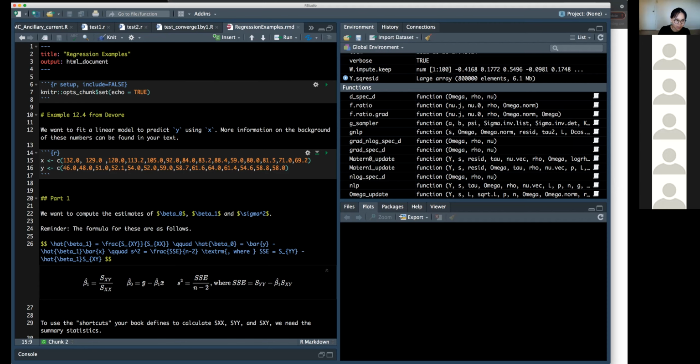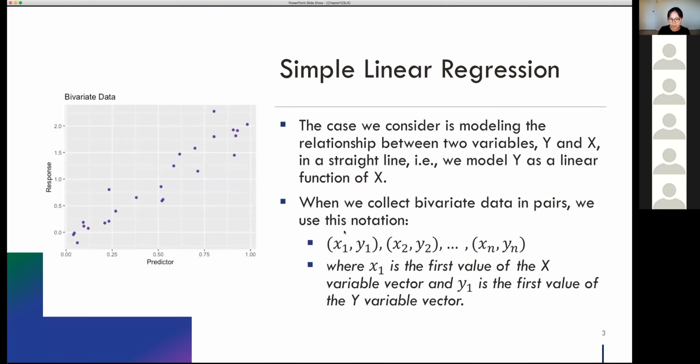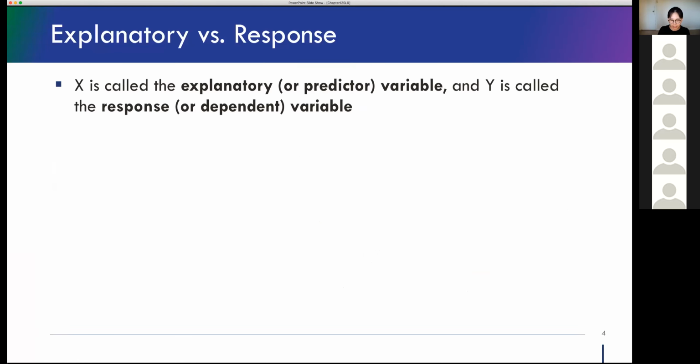This is your X1 and this is your Y1. So they are in pairs and the lengths of X and Y would be the same, right? So X1, Y1, X2, Y2, etc. to Xn, Yn. So this is what your data looks like. They are in pairs.